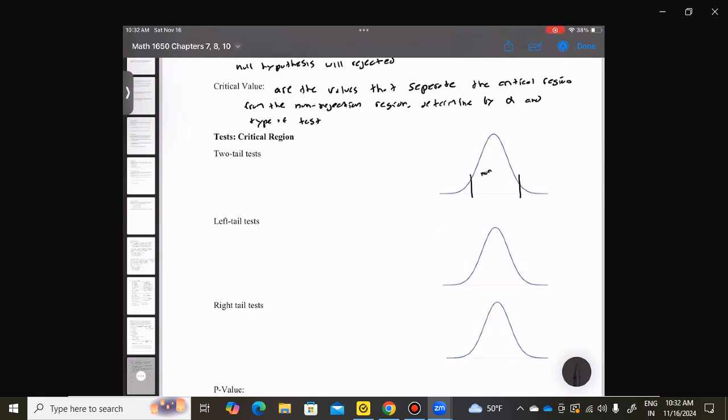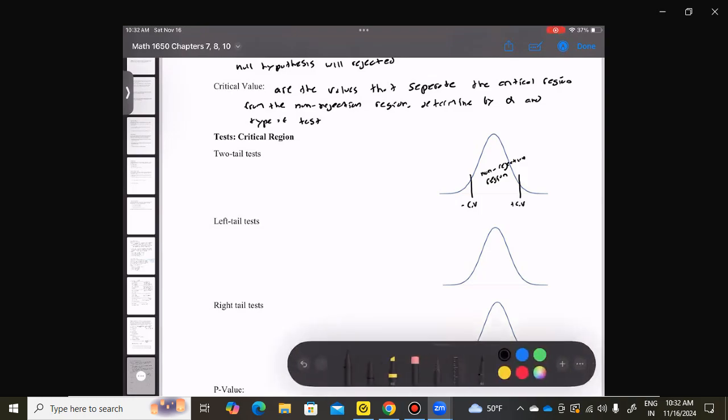This is very much like the confidence intervals. And then you have a negative critical value and a positive critical value that separate the two. Alright, now our rejection region, I'm going to do in red, of these regions here.